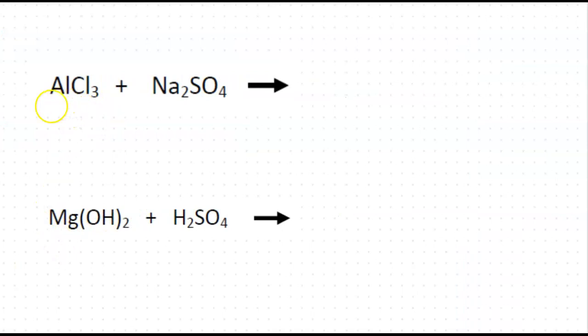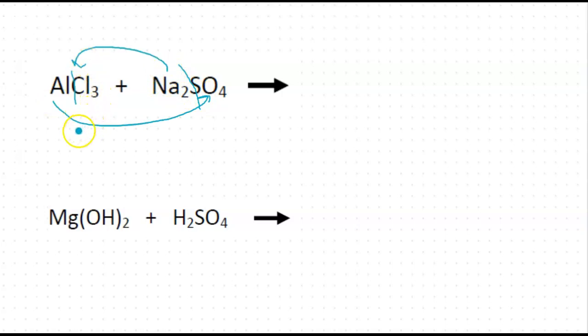So in this reaction, I've got aluminum chloride and I have sodium sulfate. So the first thing I want to do is split and switch. So I split the cation off the front. The cation is your metal, so I split the cation off the front. And then you need to remember that your products are going to be where we've switched our ions.